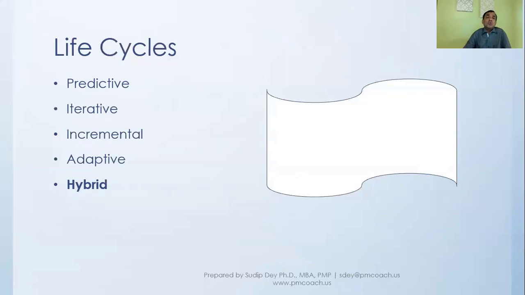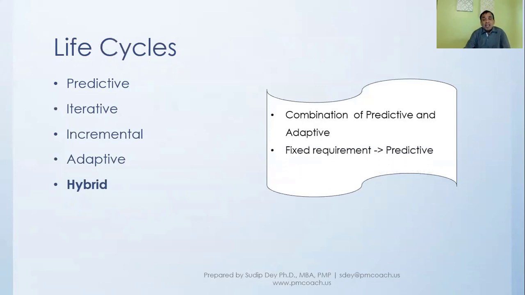We don't need to go through the iterative cycle. And in another area where it is evolving, you might want to use the iterative or incremental life cycle. So hybrid is essentially a combination of predictive and adaptive life cycle.